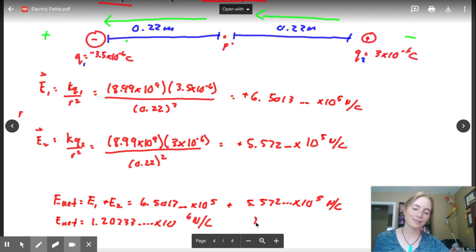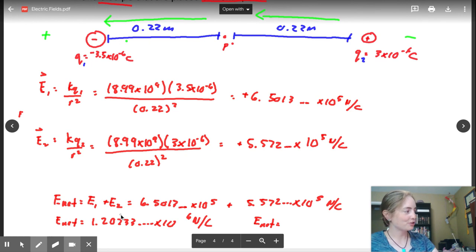Well, as always, sig digs and units and direction. Look back at the original question: how many sig digs do I want? Three sig digs. So I am going to look at my values here.